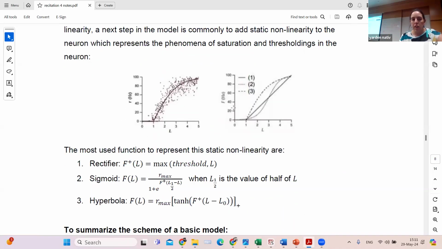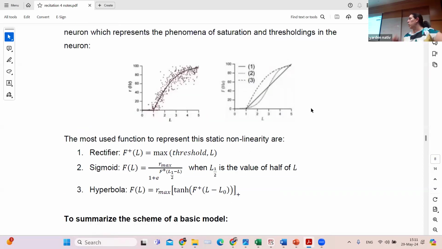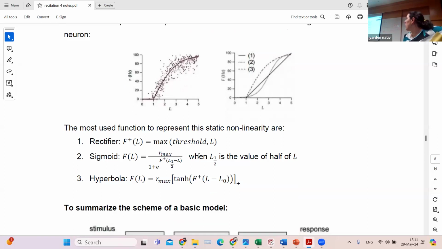Great, and these are some examples where you want to add some saturation because the neuron cannot fire more than possible, or you want to rectify it, or you want to add a hyperbola or something like that. A hyperbola is like adding some probability to specific firing rates, which might be more probable.